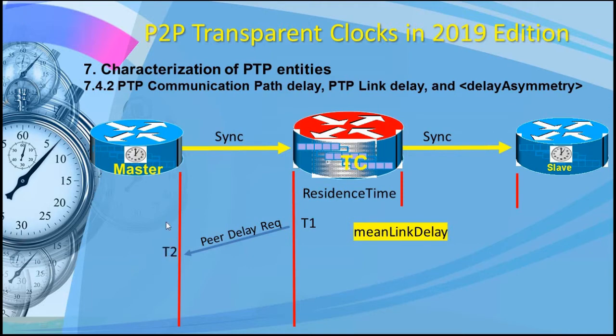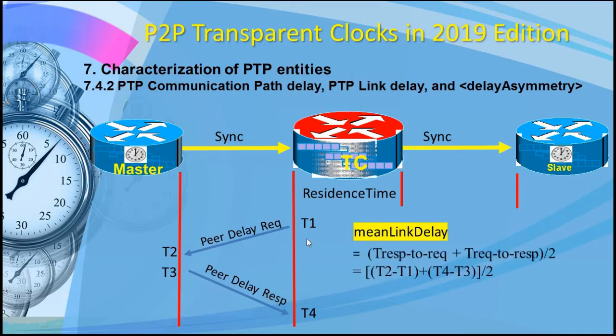At timestamp T2, the master side receives the peer delay request message. At timestamp T3, the master side sends out the peer delay response. At timestamp T4, the transparent clock receives the peer delay response message. So based on T1, T2, T3, T4, the transparent clock calculates the mean link delay.